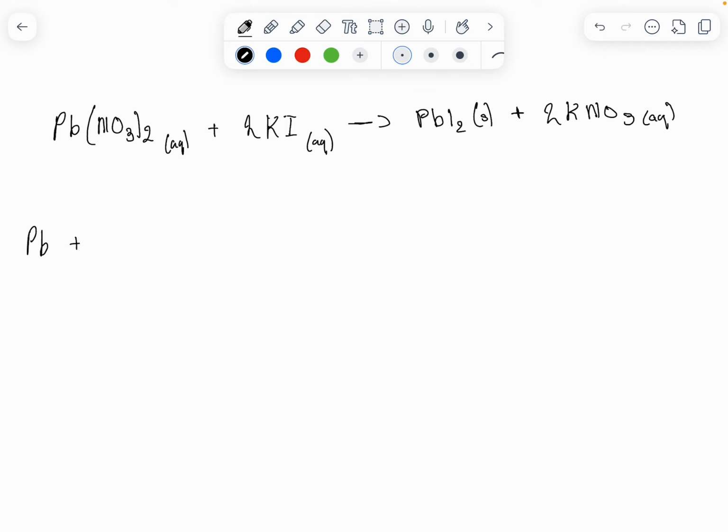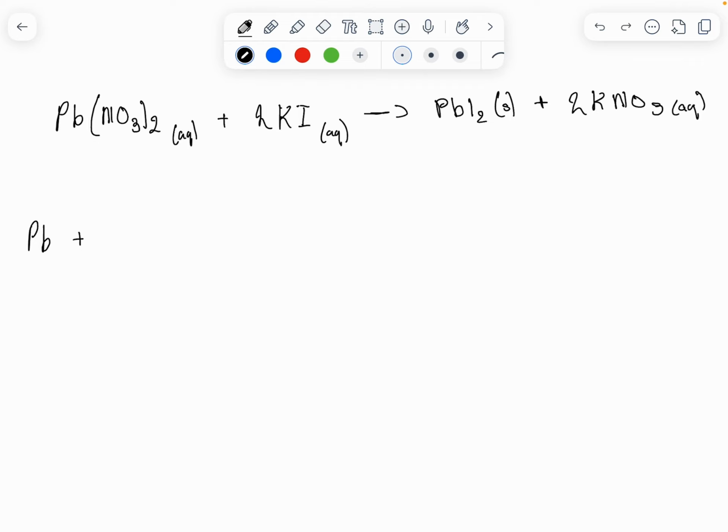Okay, I understand. So now if we split this one up, what we get is lead, and then we also have this 2, which makes the equation kind of awkward.